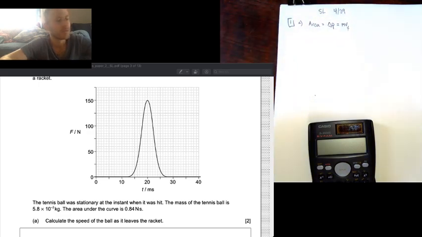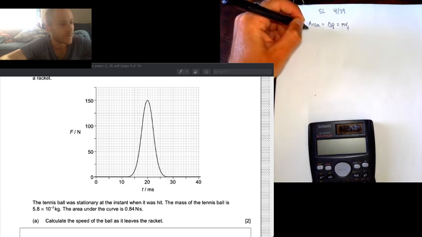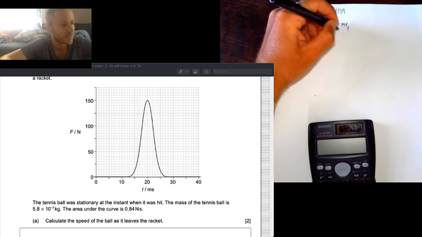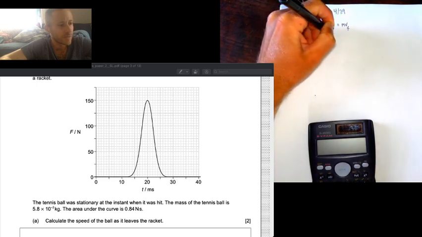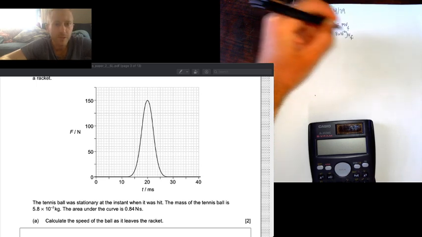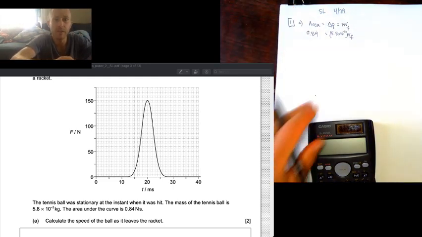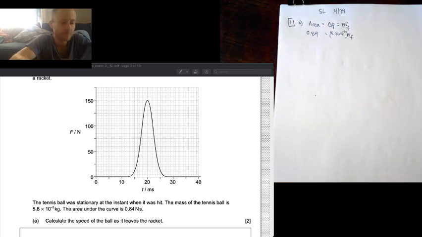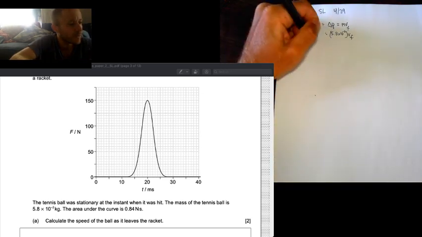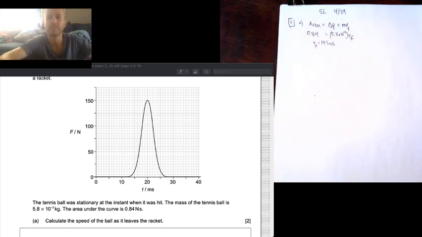The mass is 5.8 times 10 to the minus 2 kilograms, and the area under the curve is 0.84. So I can take those numbers and divide them, and we get the final velocity is about 14.5 meters per second.